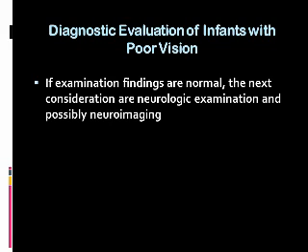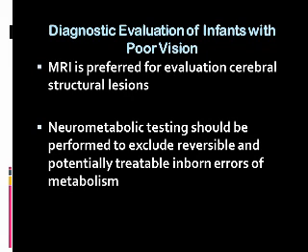If the examination findings are normal, the next considerations are a neurologic exam and possibly neuroimaging and neurometabolic studies. MRI is the preferred tool for evaluating cerebral structural lesions affecting vision. Neurometabolic testing should be performed to exclude reversible and potentially treatable inborn errors of metabolism.